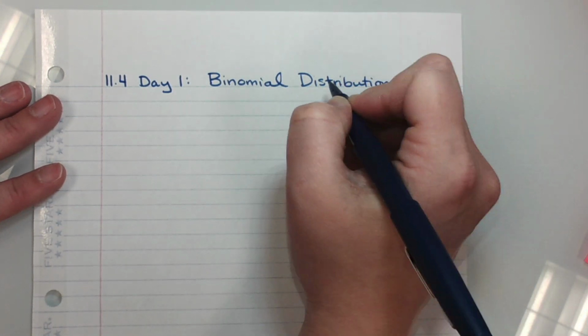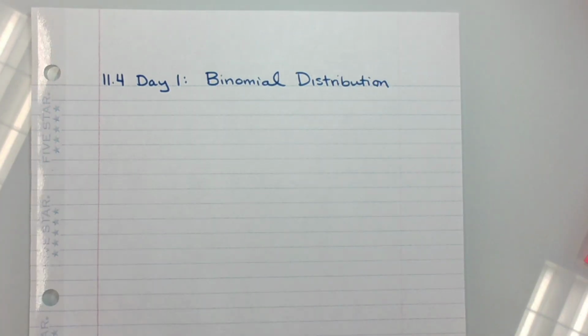Today we're getting into what is known as binomial distribution. So we're continuing to work with probability distributions. When it comes to probability distributions, you can have just general distributions, which is what we've worked with so far, where you need to know what all of the outcomes are and all of their probabilities in order to really get into knowing about those.